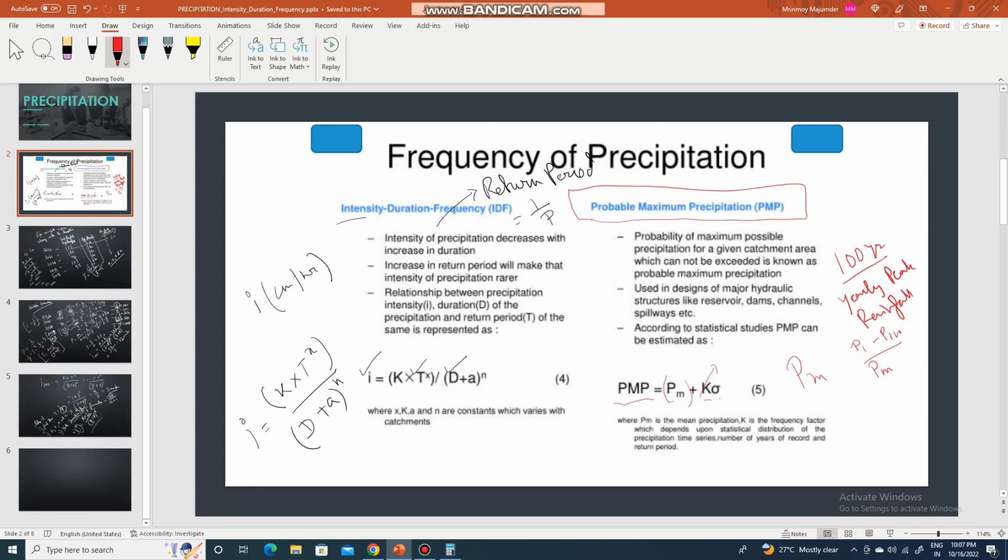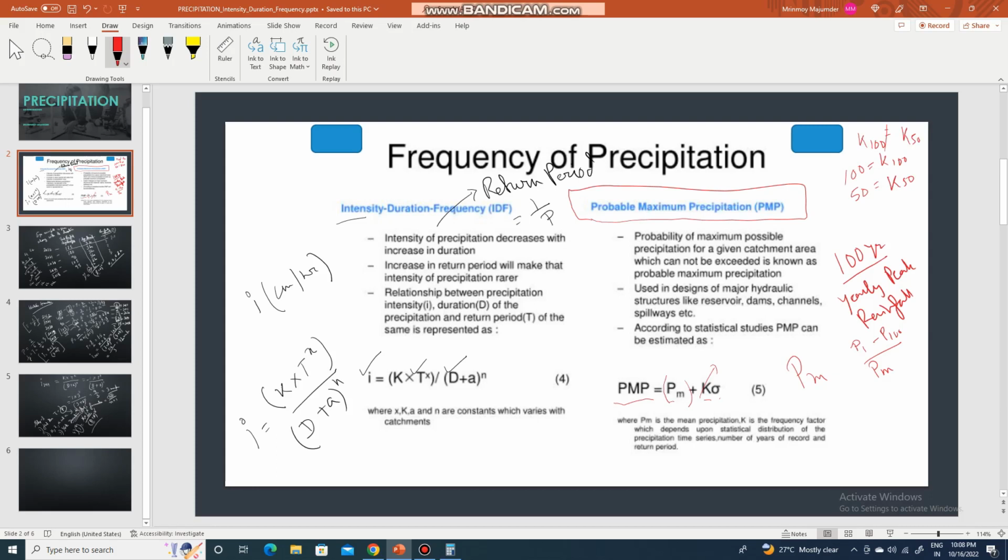Suppose for the peak rainfall of last 100 years there is a certain value of K, but for 50 years rainfall, this K50 will change. That means K100 and K50 will never be equal.